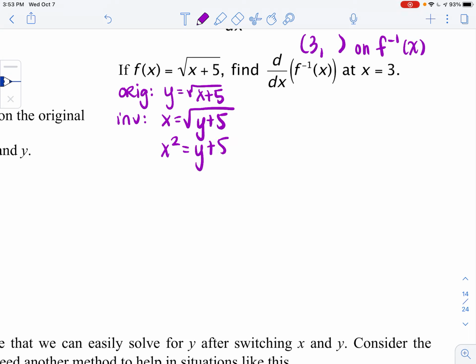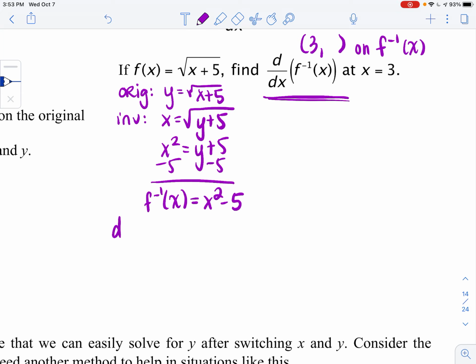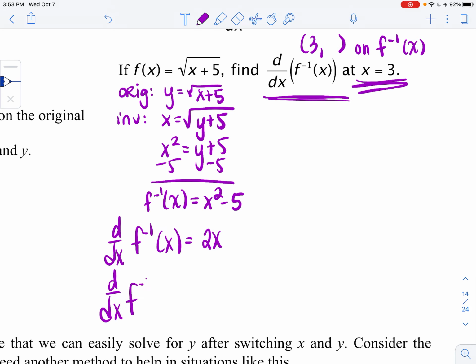And when I subtract 5 from both sides, I get f inverse of x is equal to x squared minus 5. So again, what are we trying to do? We're finding the derivative of that. So the derivative of f inverse of x, just a regular derivative, comes out to be 2x. When I evaluate that at x equals 3, the derivative of f inverse at 3 is just 2 times 3, which comes out to be 6.